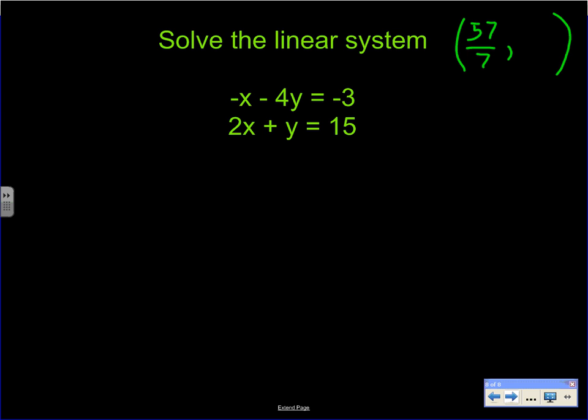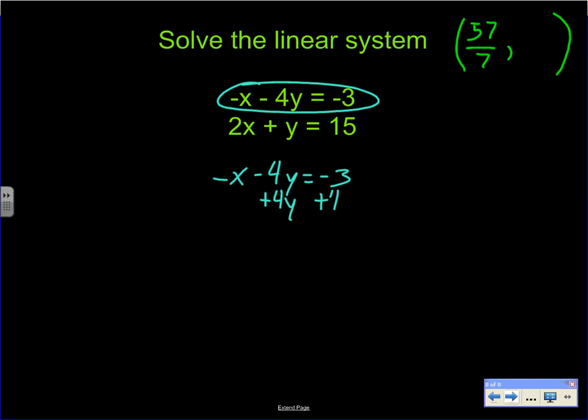Let's take this top equation here. So negative x minus 4y is equal to negative 3. Let's get x by itself. So we add 4y to both sides. Since we added 4y, it was a positive 4y. And what about the 3?